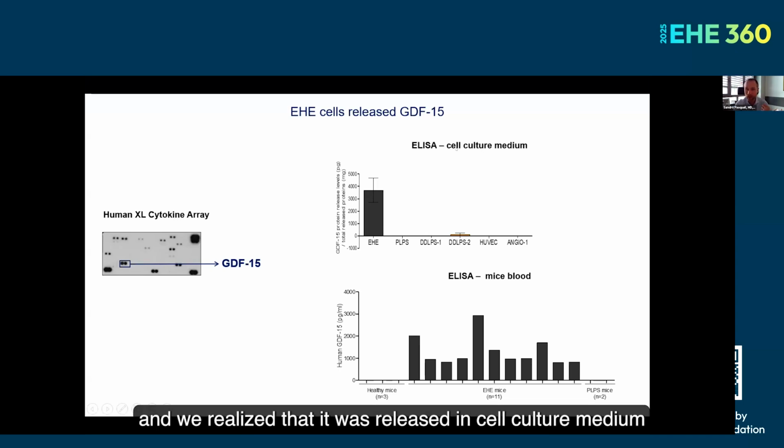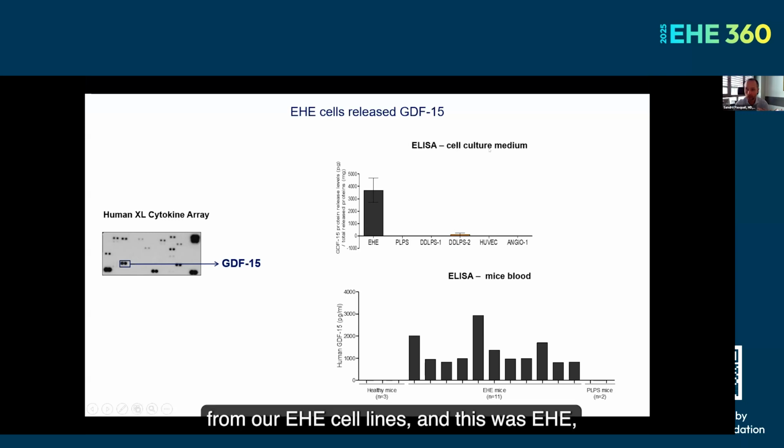We realized that it was released in the cell culture medium from our EHE cell lines, and this was pretty much EHE specific. We didn't find it in cell lines from other tumors. We found GDF15 also in the blood of mice with EHE PDX implanted, and this was not the same in healthy mice or in mice with other tumors. These are just examples of other tumors.